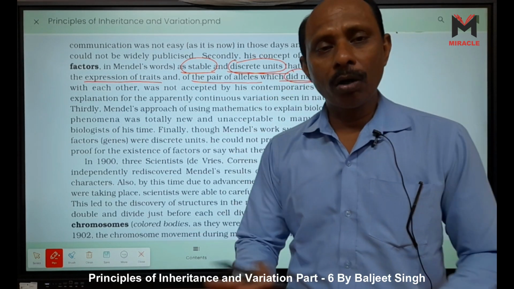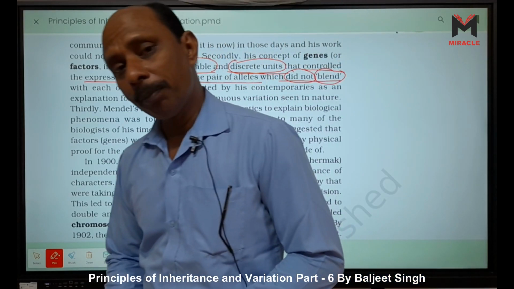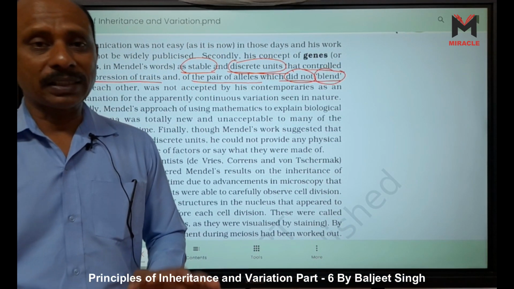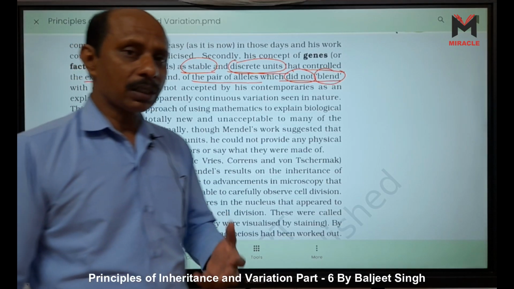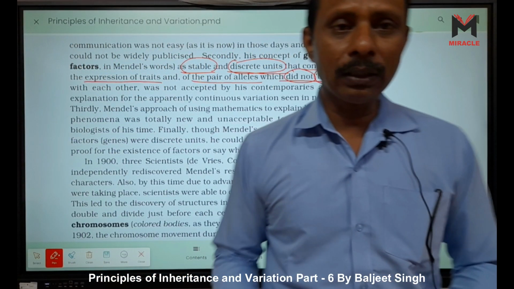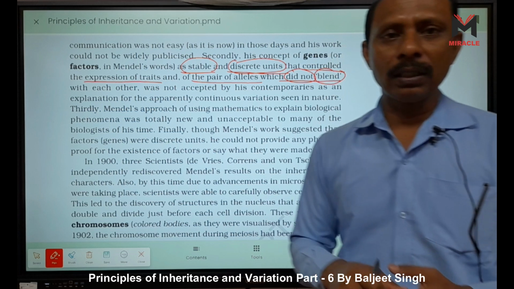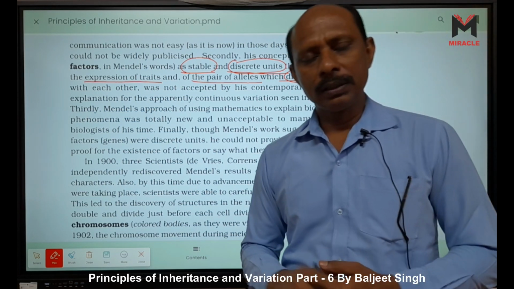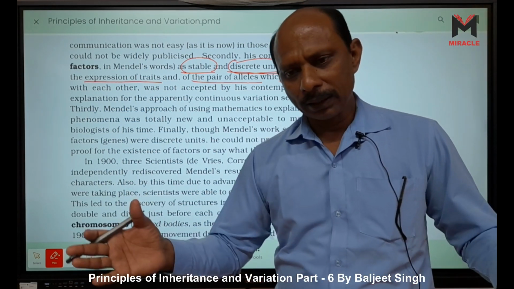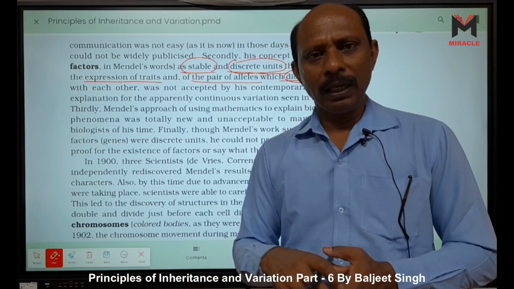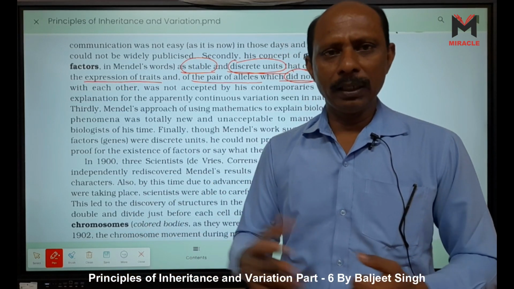He said they did not blend with each other, and at that time biologists did not accept this, because many variations are present in nature. They thought these characters, these traits, blend with each other and form a new intermediate variation.